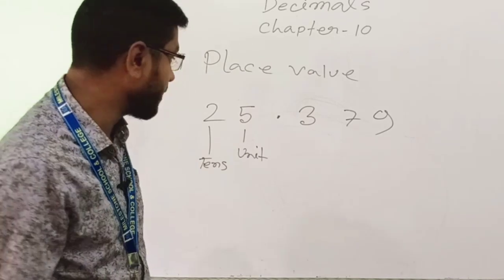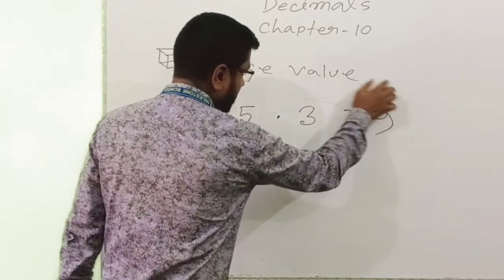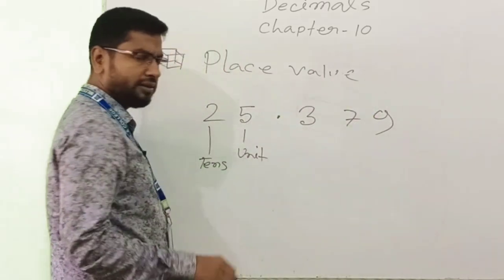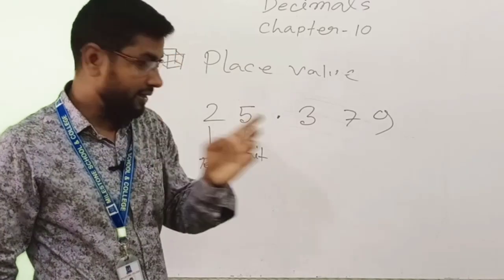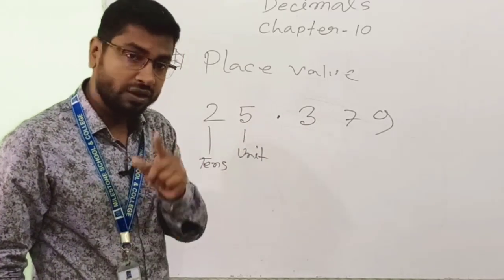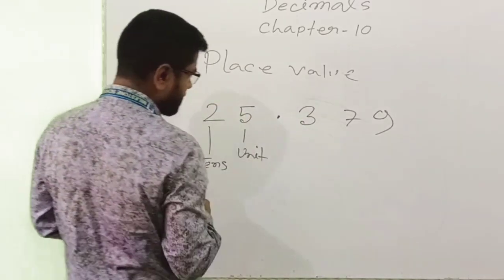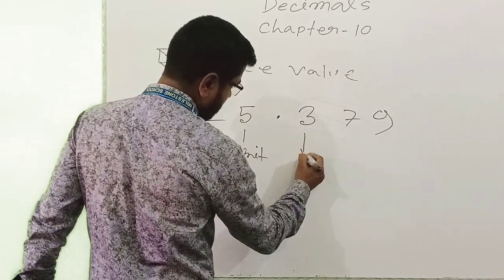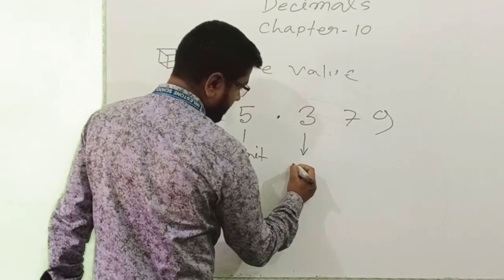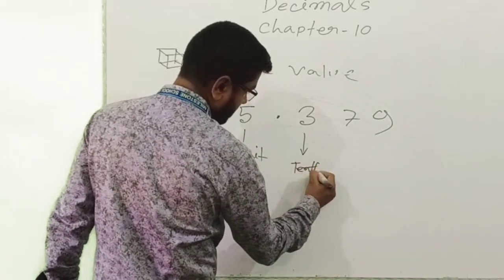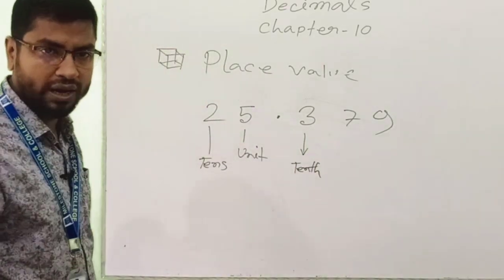Listen to me, there was one single unit, and these are parts of it. After the decimal, the first number is the 10th column, like an ordinal word.